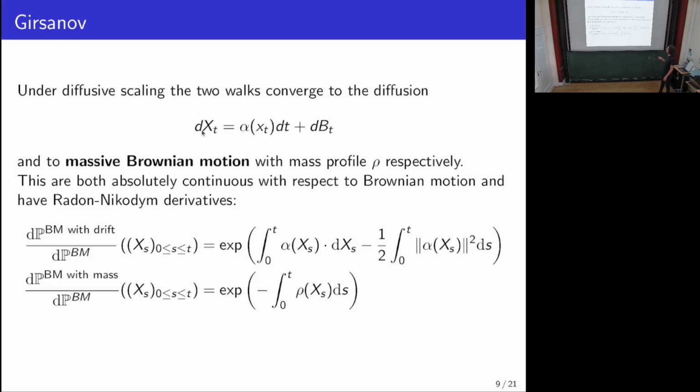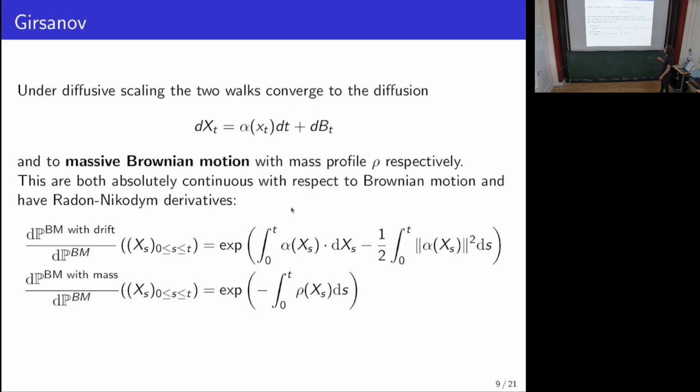So there's an SDE, so that's dX_t, and there's the drift, and then there's the Brownian motion. And it will be an assumption on our A, B, and C that they are such that this holds, that we have such a scaling limit.